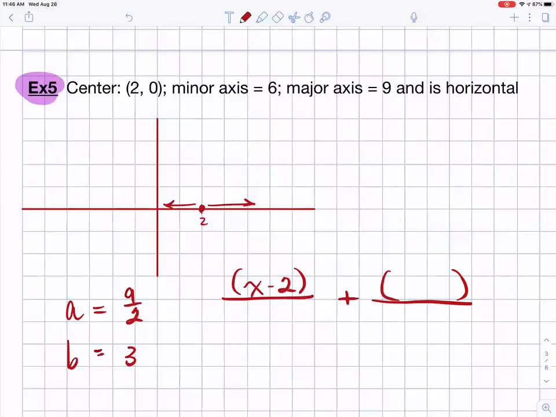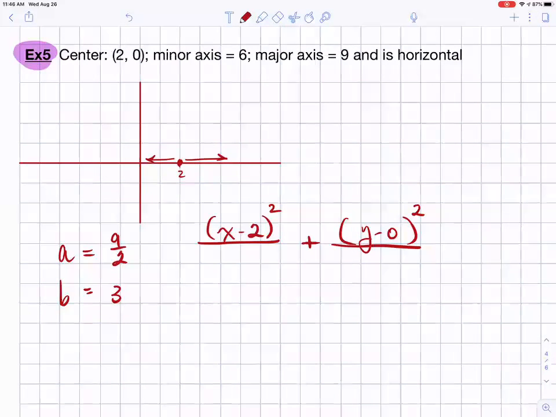X minus 2 quantity squared, right? The X's are always first in ellipses. What's going to go on top for the second fraction? Okay, y squared. For now, I'll just put y minus 0. I'll clean it up in a second, but y squared would have been fine. Don't forget your equals 1 on the other side.